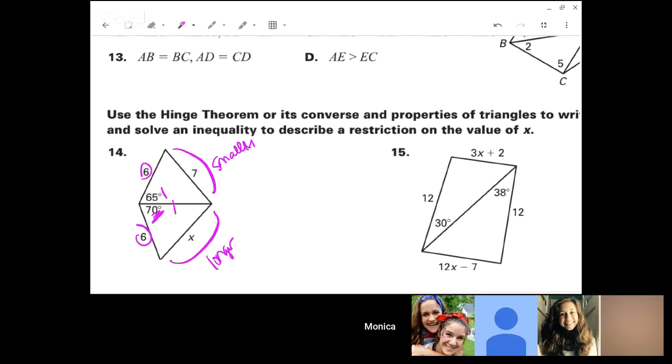So on this one, the way that you're going to set up an inequality, remember inequality is greater than or less than, we're going to be able to say that x is greater than 7 because we know the side with x is the longer side and the side with x is the smaller side. Does that make sense?